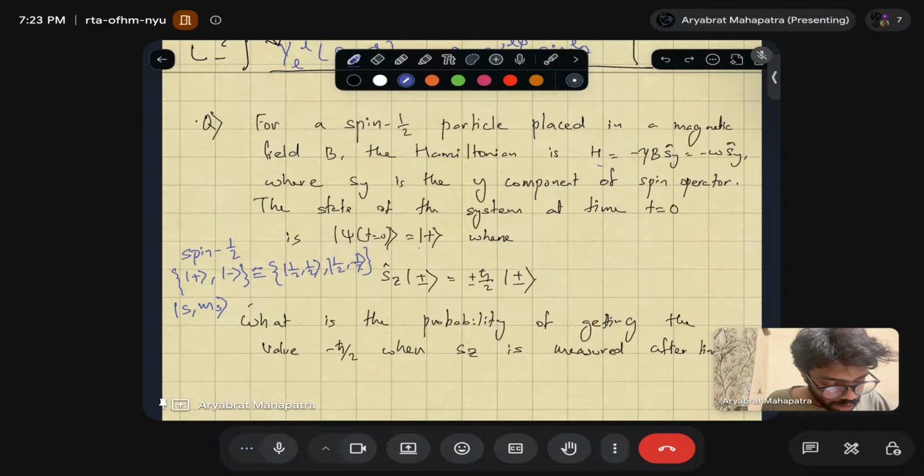So here also you will have half, half and half, minus half.